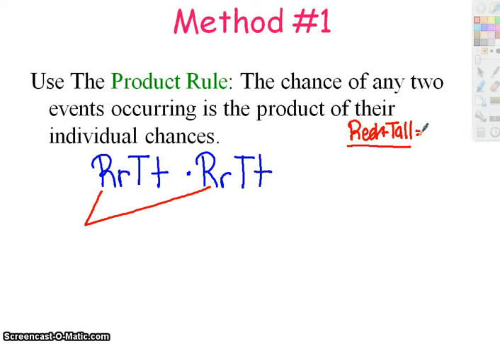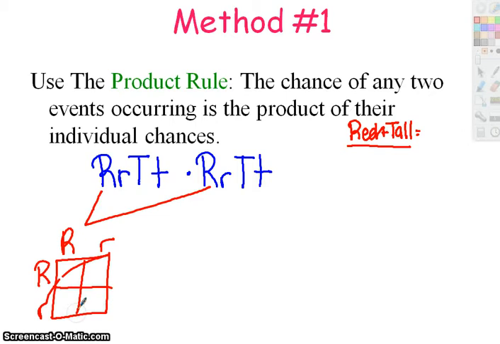So if we just split this up, we can look at just the chances of red. Big R, little r. Big R, little r. What are the chances of red? Anybody can tell me from that? You can fill it in if that helps.